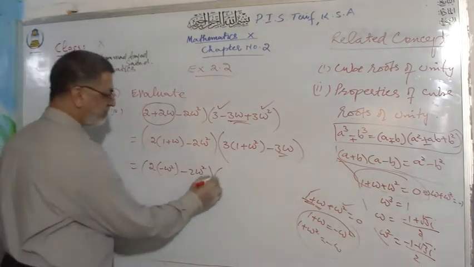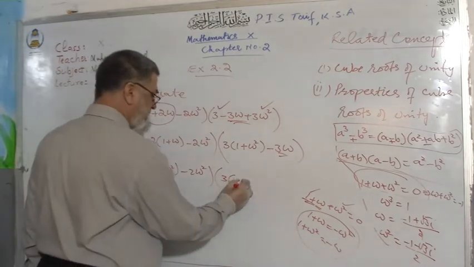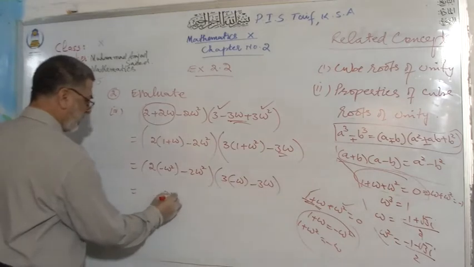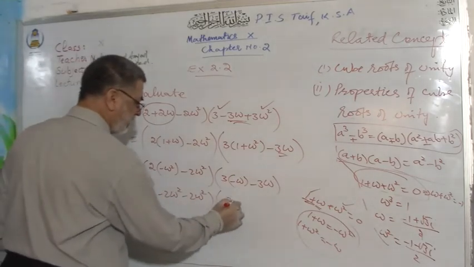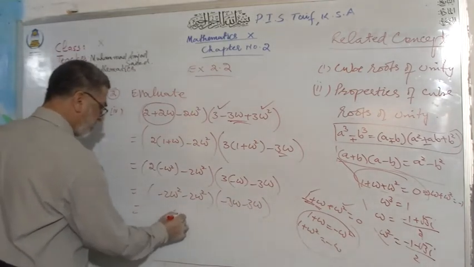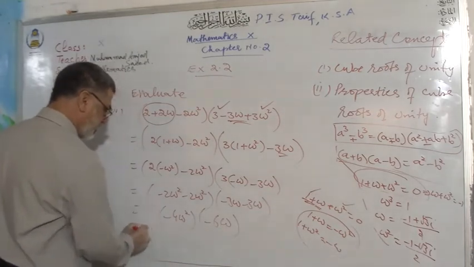Similarly, 1 plus omega square, that is minus omega. So we get minus 2 omega square minus 2 omega square, minus 3 omega minus 3 omega, minus 4 omega square, minus 6 omega.